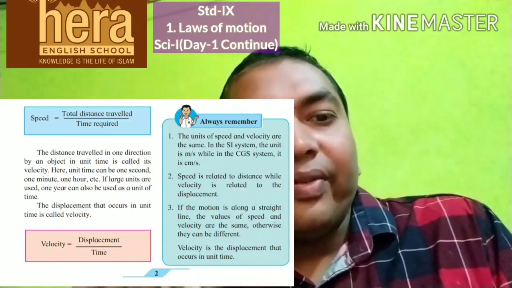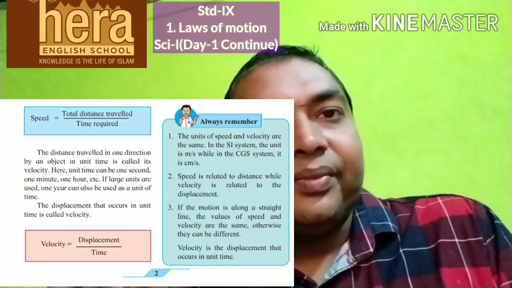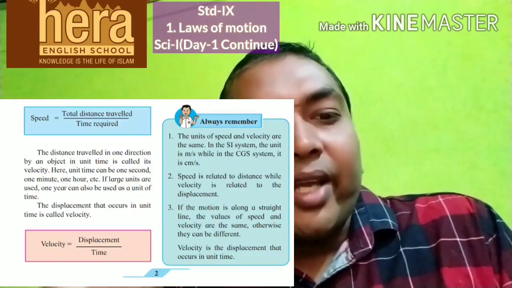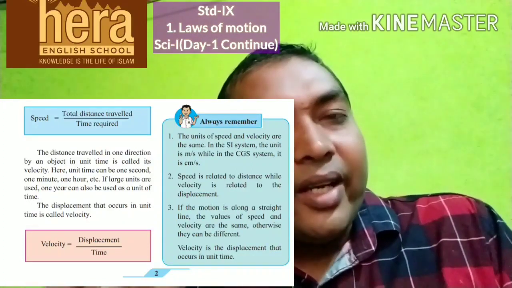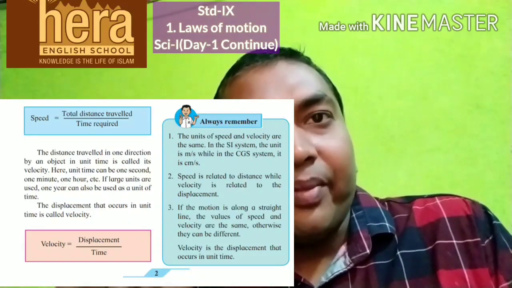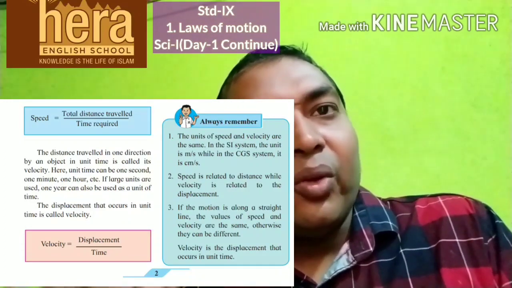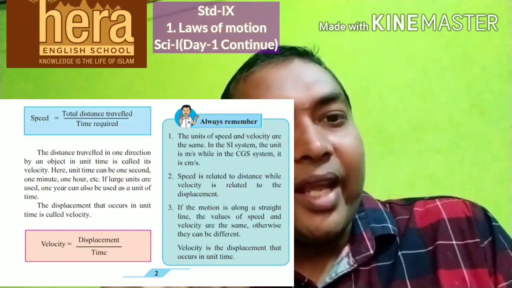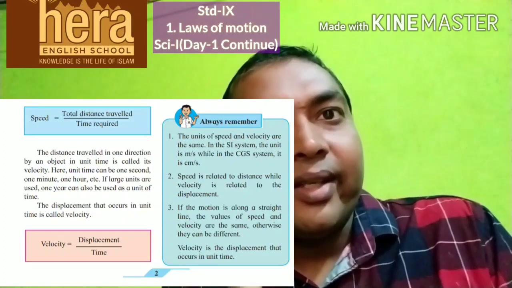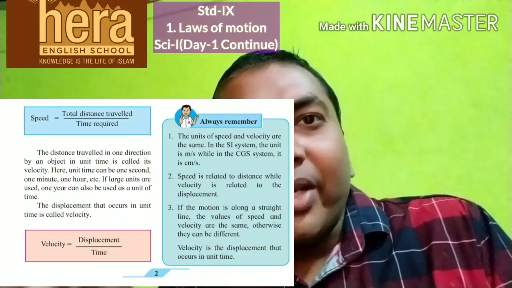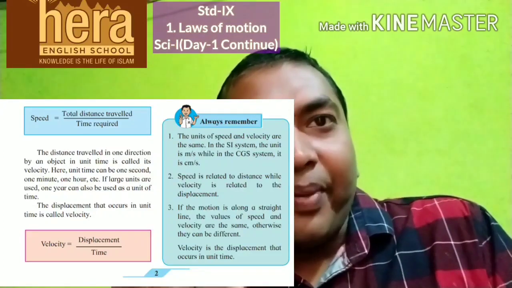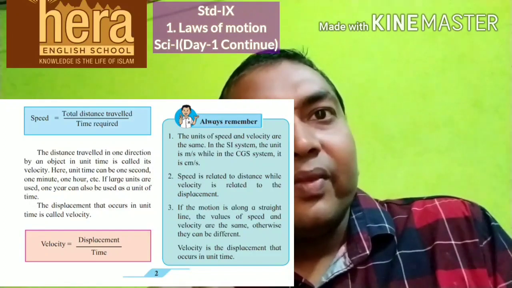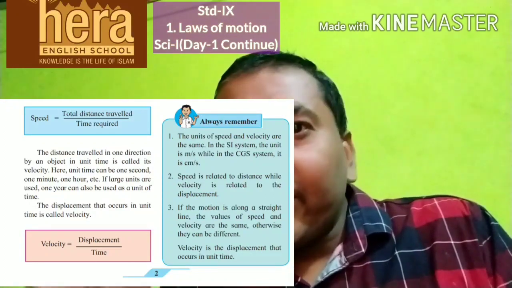But in case of velocity, displacement per unit time is known as velocity. So always remember, since speed is a scalar quantity, distance will come.